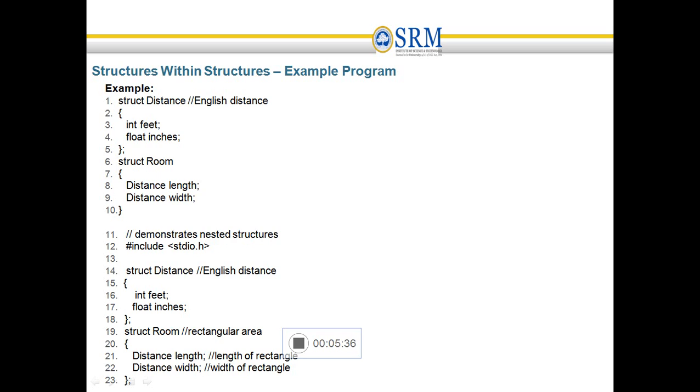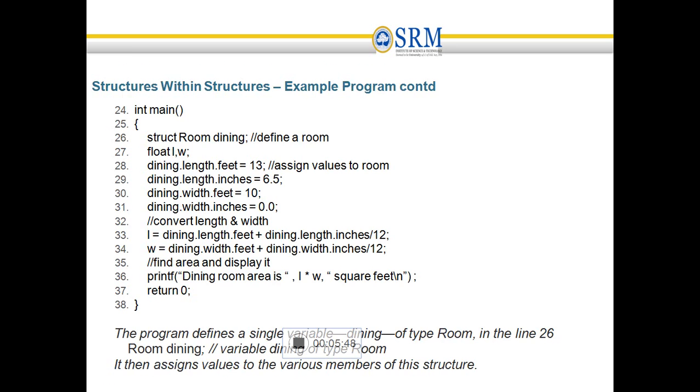Further in the program, using C syntax, you can define these structures as a nested structure. Then we define the variable dining for the second structure room, and we also declare two variables L and W for calculations.